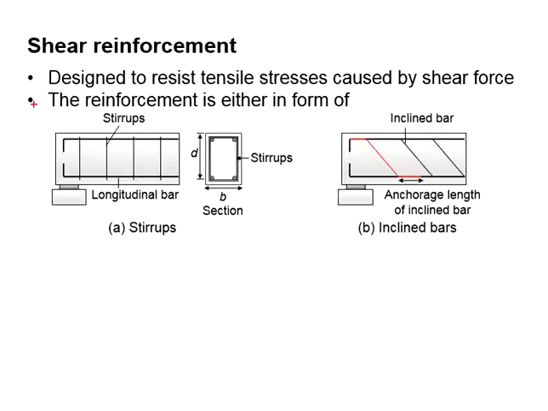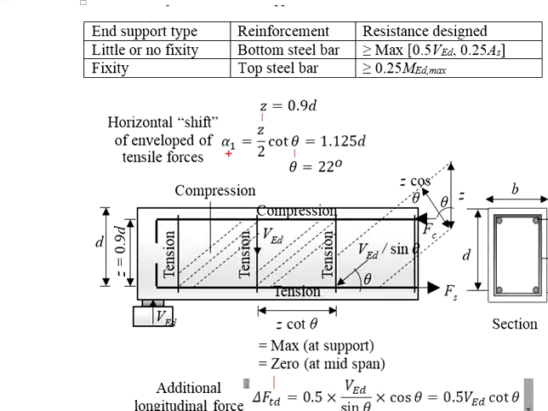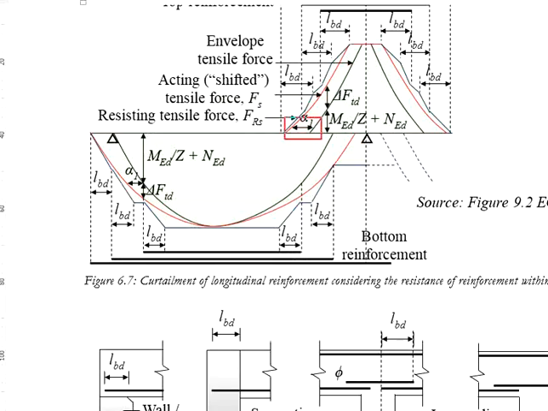If we are talking about the vertical shearing, that means the angle of the shearing can be omitted, leading to the alpha 1s given by this formula. Because of the horizontal shift of this tensile force envelope, the additional resistance given by the shearing has been considered.